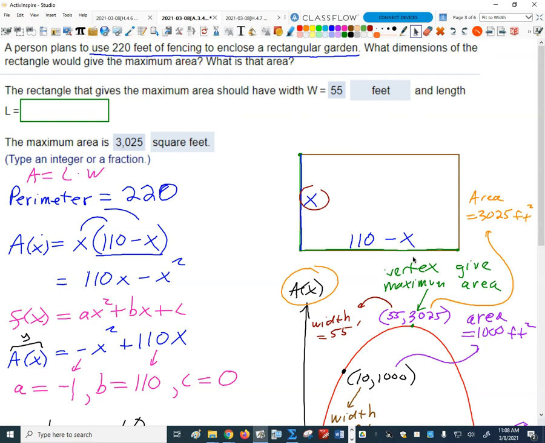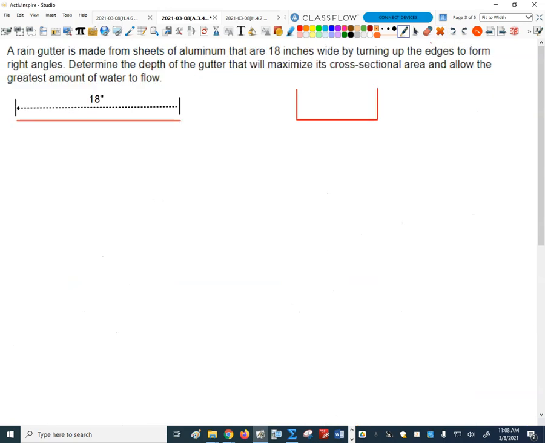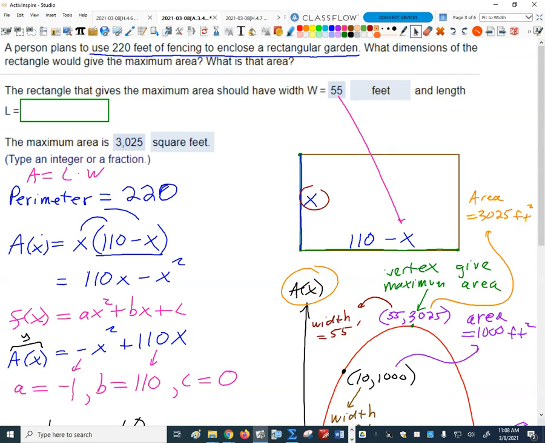Well, if we look at our picture right here, if x is 55, I could plug 55 in right there, couldn't I? 110 minus 55 gives me my length. Well, that's just 55, isn't it? Man, can't get it right here today. So the length is also 55 feet.